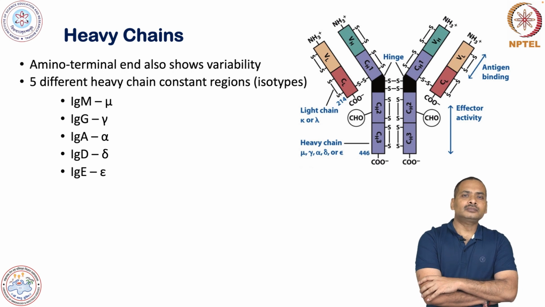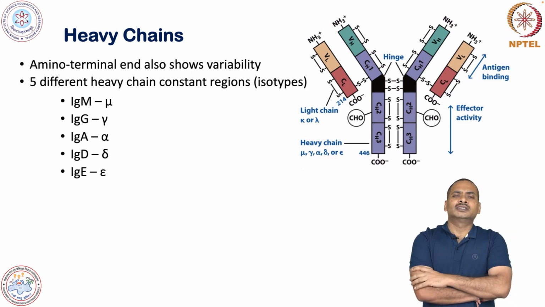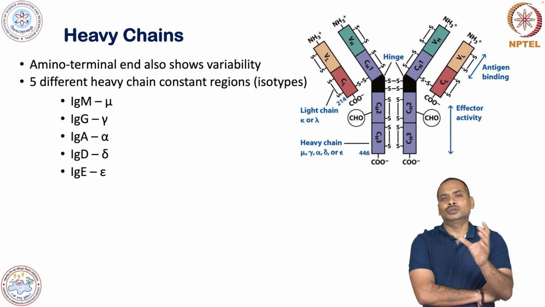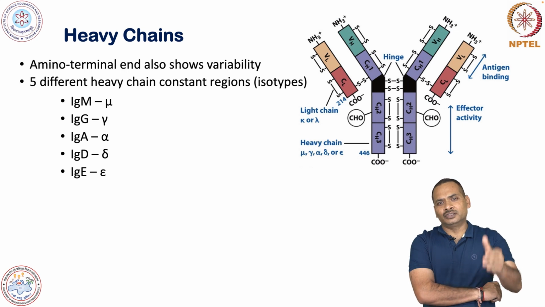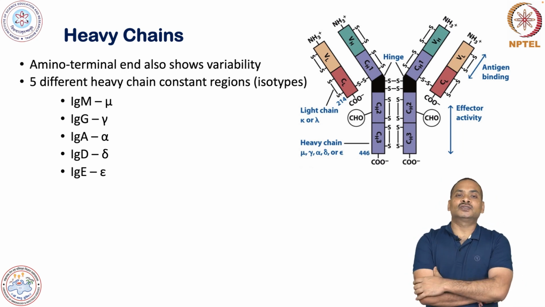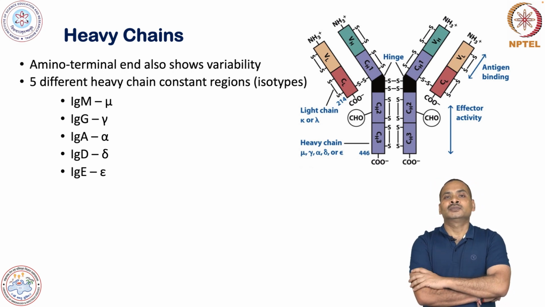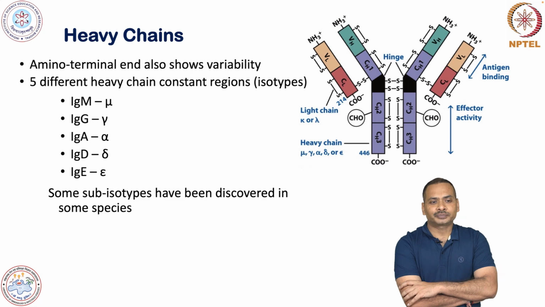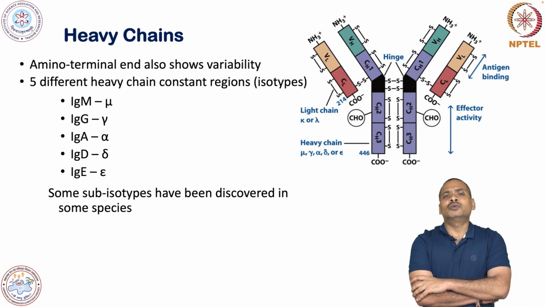Okay, so whatever they sequenced, they found that most of the constant regions fall into one of these classes, and that was the basis for the different kinds of antibody. Some sub-isotypes have also been discovered.